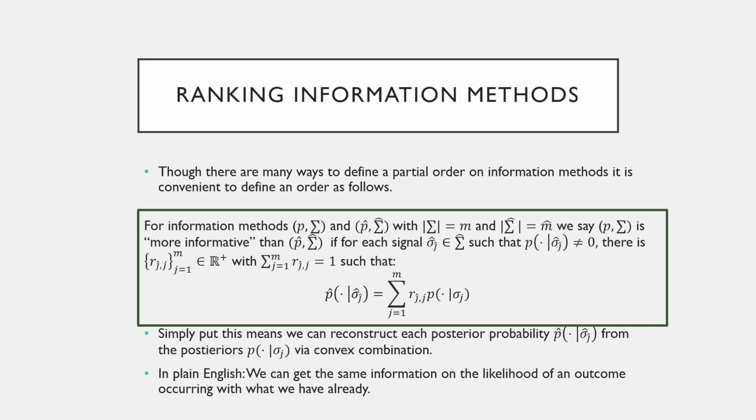And there's going to be a set of numbers such that we could reconstruct each posterior probability P hat from the set of posteriors that we have from our first set via convex combination. So in plain English, we can get the same information on the posteriors with regards to an outcome using the information we already have.